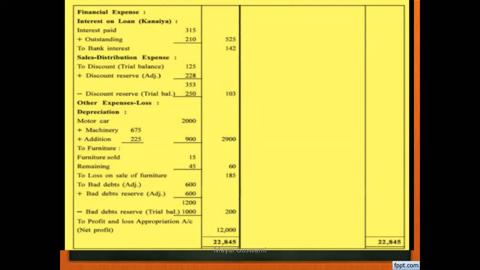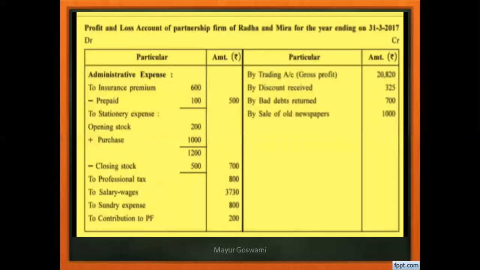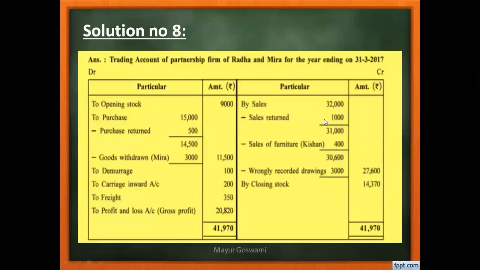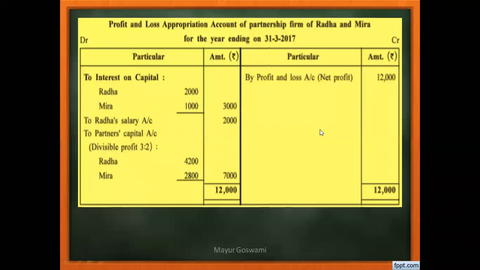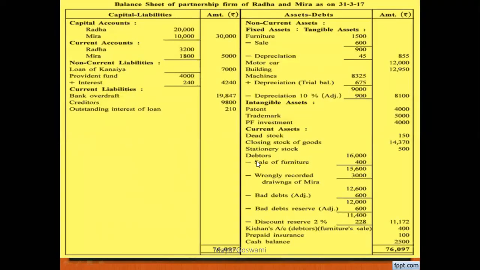I repeat these effects. First, as it is recorded in the sales book, so minus from sale, minus from debtors. Second, as it is sale of furniture, so minus from sale, and against that debtors are increased and it is sold on credit. So Kisan's account, or you can add this amount into debtors.